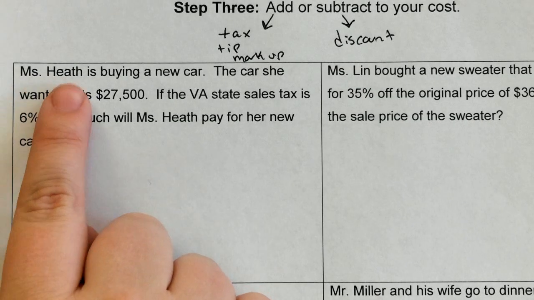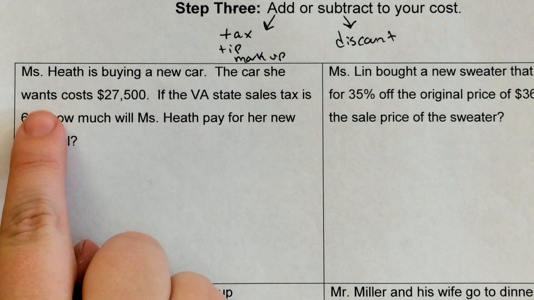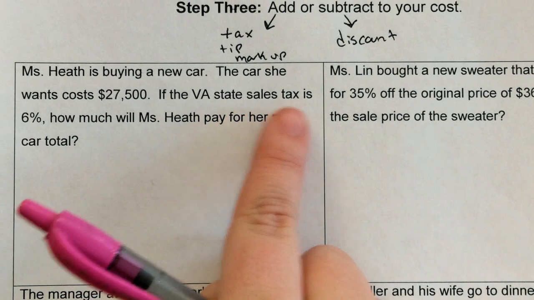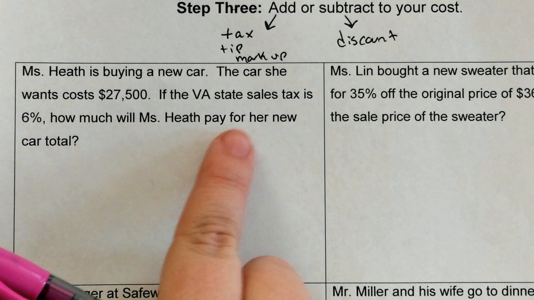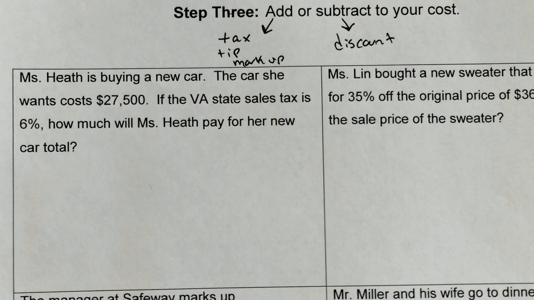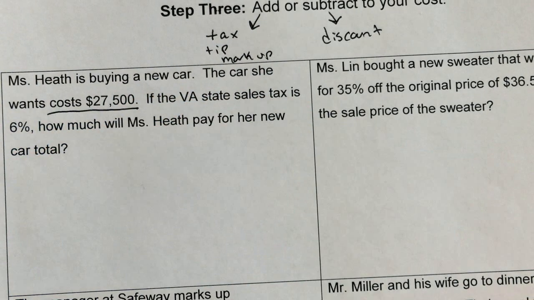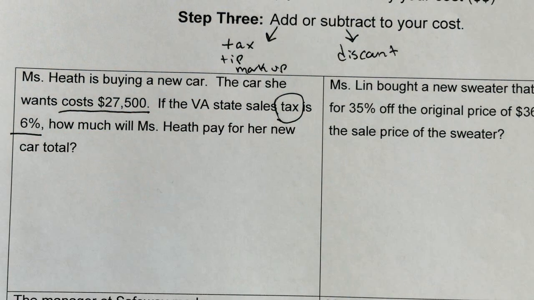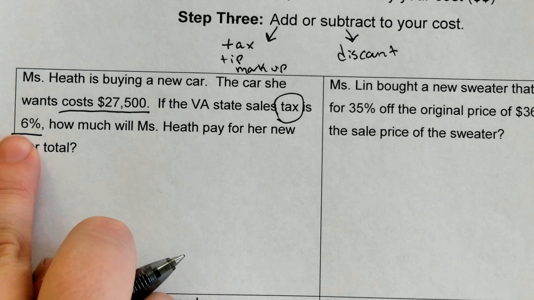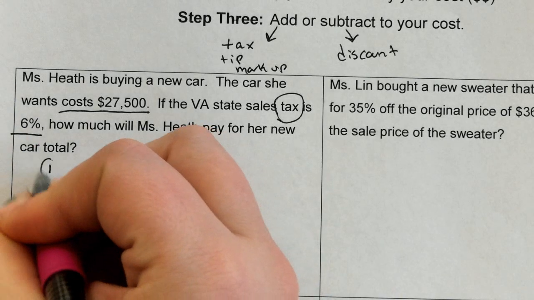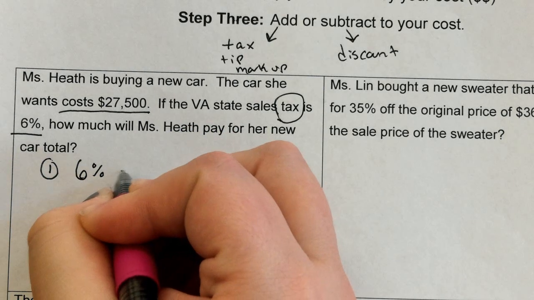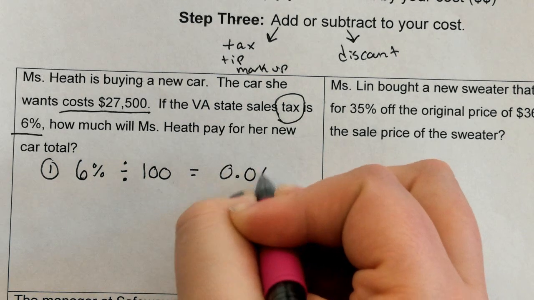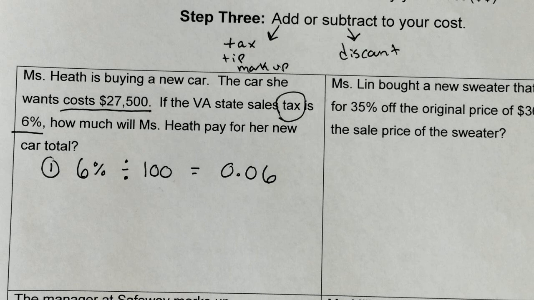This first one says, Miss Heath is buying a new car. The car she wants costs $27,500. If the Virginia state sales tax is 6%, how much will Miss Heath pay for her new car total? So the car costs $27,500. The sales tax is 6%. Step 1, take my percent and turn it into a decimal. 6% divided by 100 is 0.06.